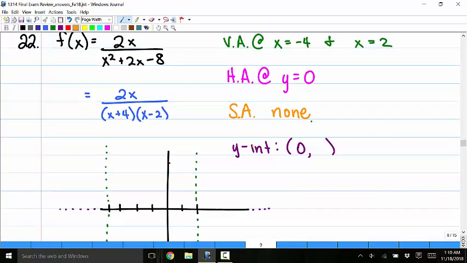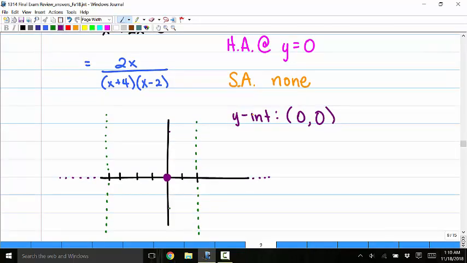For the y-intercept, let x be 0. If x is equal to 0, I get 0 over negative 8. So I get the point 0, 0 right here for my y-intercept.